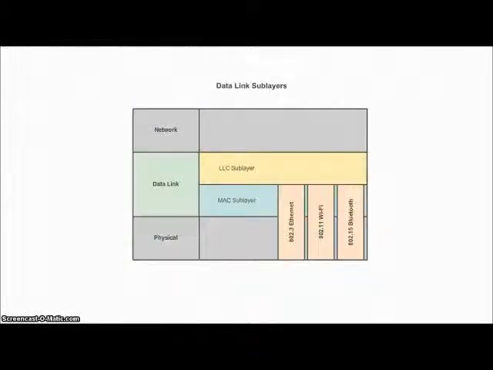The data link layer is actually divided into two sublayers. The first one is the logical link control, LLC, which defines the software processes that provide services to the network layer protocols. It places information in the frame that identifies which network layer protocol is being used for the frame.